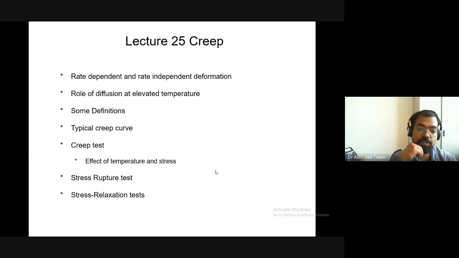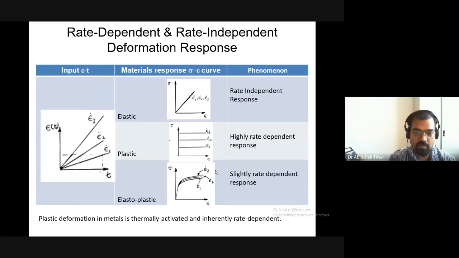So you apply a constant load and the material starts to flow, and we have discussed the strain versus time dependence. The strain does not remain constant in creep, and it changes with time. So once you give some amount of time, then the strain changes.